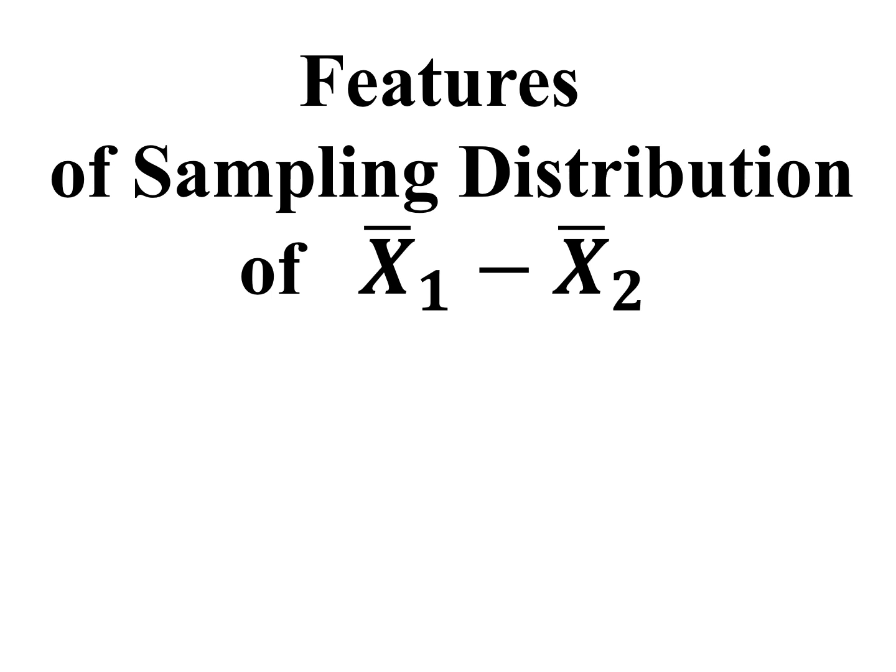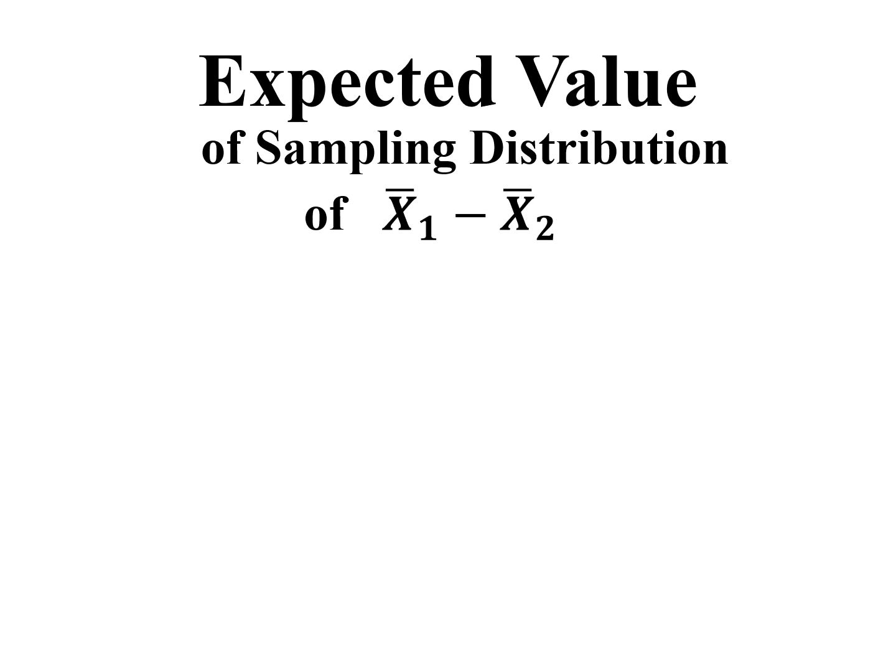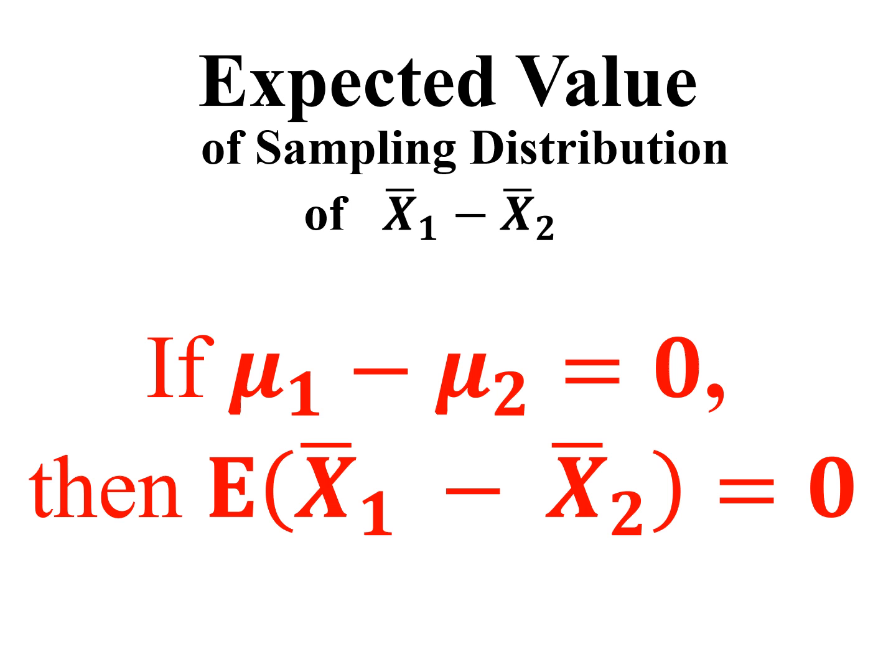Now, this particular sampling distribution has some features that are worth talking about. The first concerns its expected value. If mu1 minus mu2 equals 0, that is, if the null hypothesis is true, then the expected value of the sampling distribution is 0.